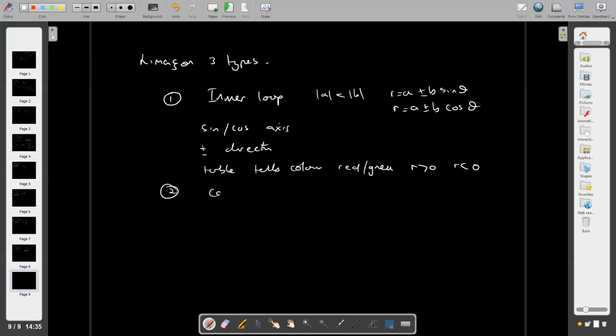Then you have a cardioid, heart shape, if mod A is equal to mod B. Same as above though.